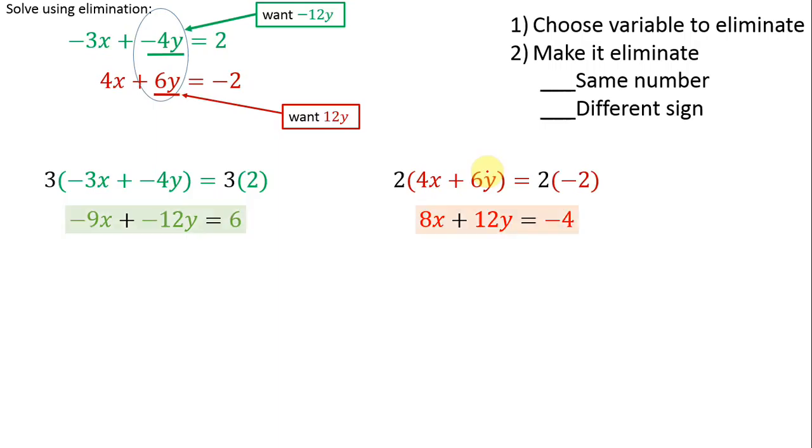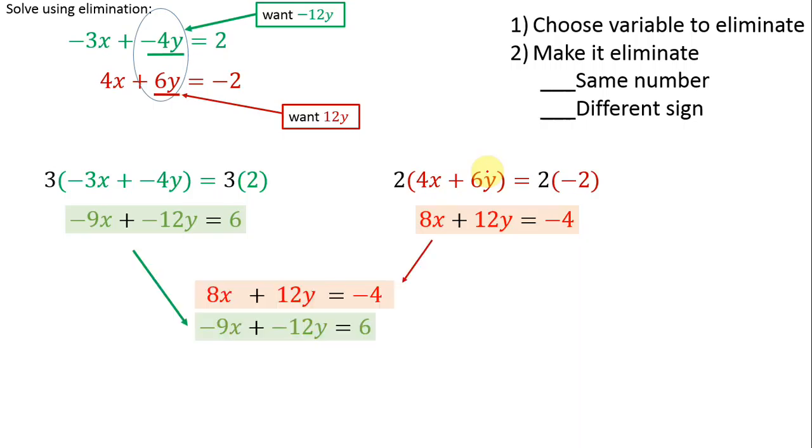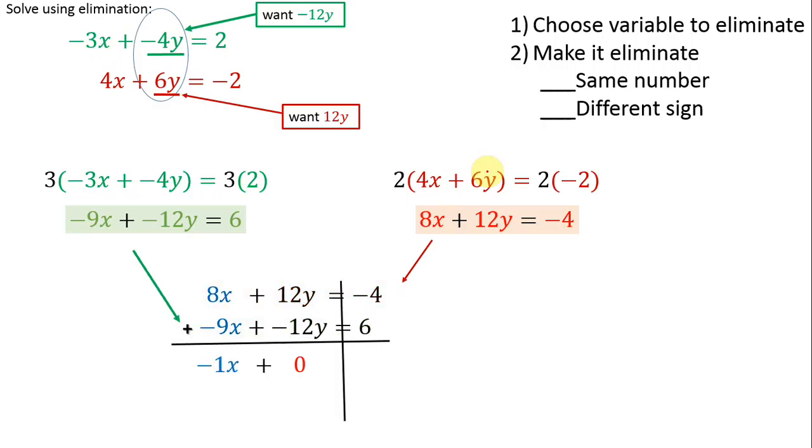Now I'm just going to take my two equations and put one on top of the other. Doesn't matter which one goes on top. And then I'm just going to add. 8x plus negative 9x gives me negative 1x. 12 and negative 12 gave me 0. And negative 4 and 6 gives me 2. Negative 1x plus 0 simplifies to just negative 1x.